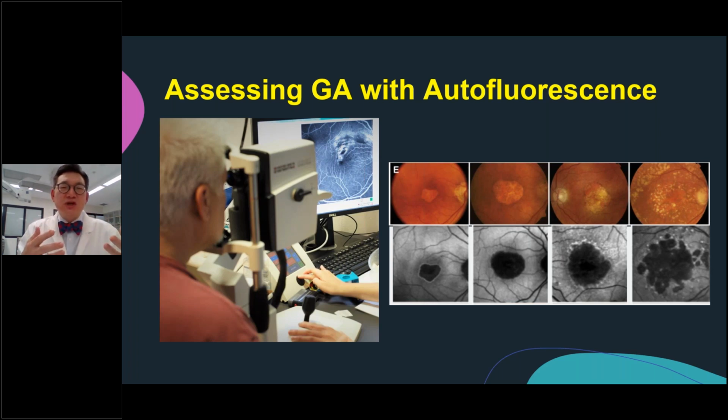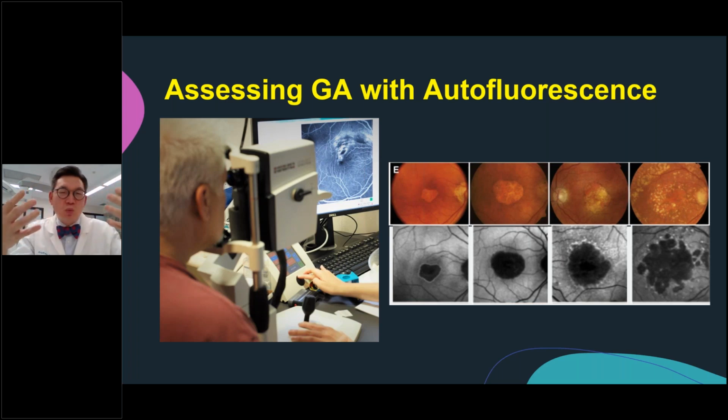Well, in that machine, there is also a light that allows us to detect autofluorescence. That light emits a certain wavelength between 250 to 500 nanometers. And so when that light hits the back of the eye, there is protein within that layer of RPE cells which emits back to us.